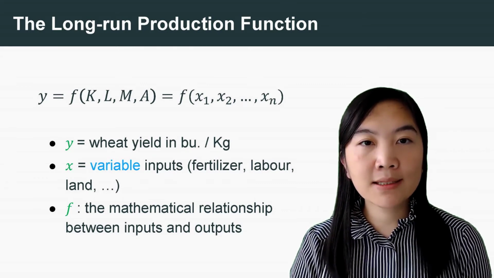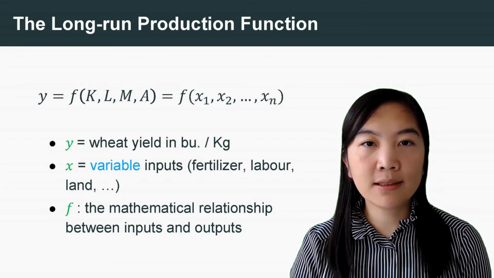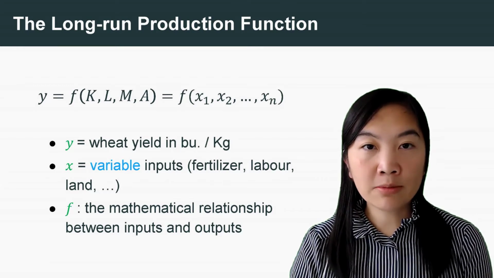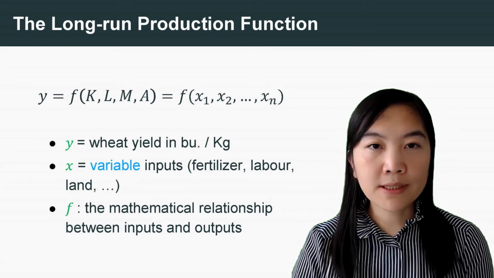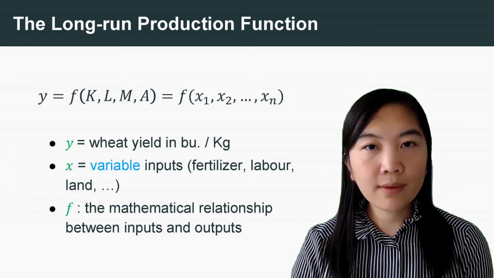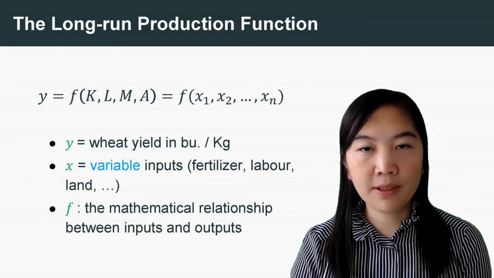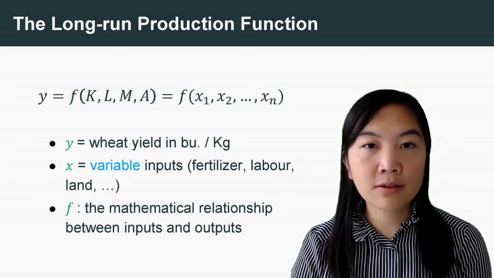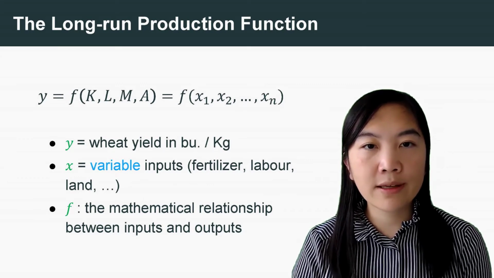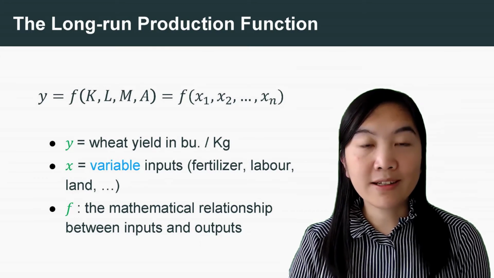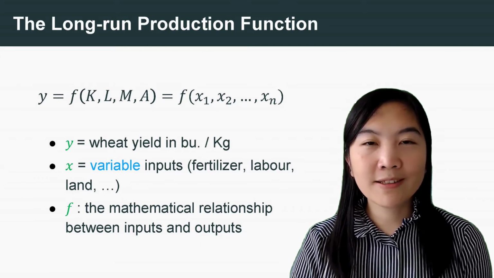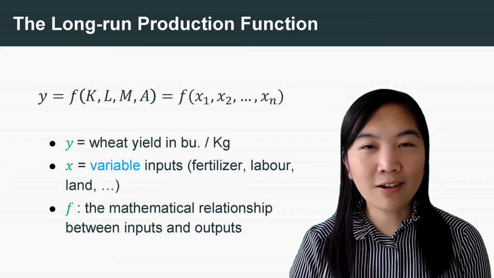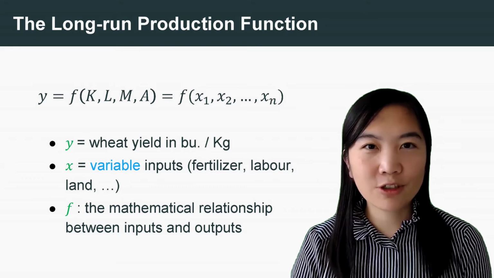And x, I emphasize here, are variable inputs, because in the long run, all inputs are variable. Examples here could be fertilizer, labor, land, and so on. And f is the mathematical relationship. You will soon find out the difference between the long run production function and the short run one.